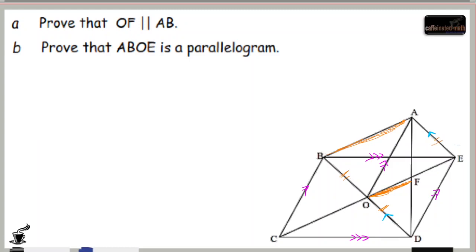So let's address the first part. Well, OD is equal to OB because the diagonals of a parallelogram bisect each other. So we know that. Then we can also say that OD is equal to AE. Well, because AODE is already a parallelogram. That was given to us.